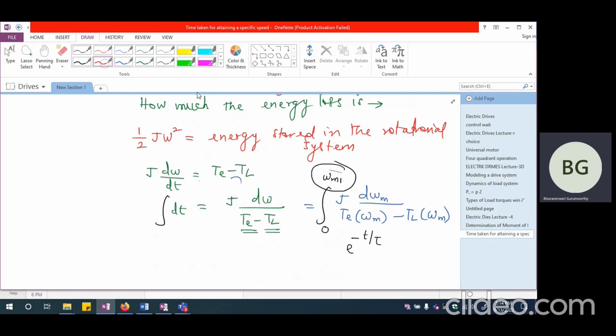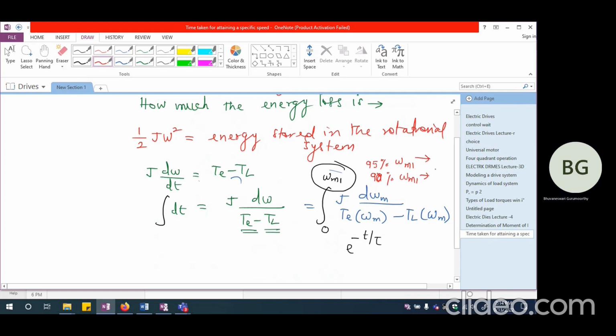Rather than that, if I say omega m is 95% of omega m1, if I attain that, that is sufficient enough, or 90% of omega m1, that is sufficient enough, then we will get a finite duration. So if we allow a small margin between the actual reference speed that I am anticipating the drive to achieve, in that case, I'll get a finite time duration.